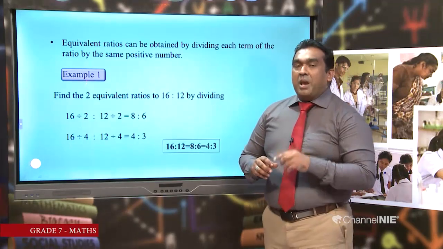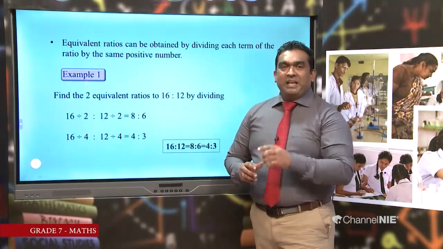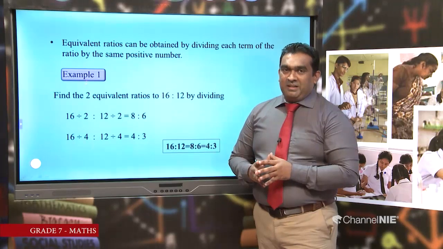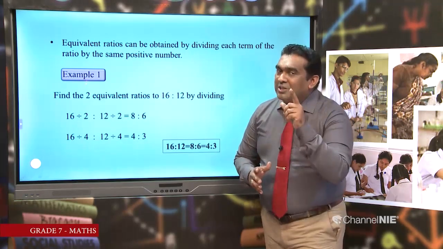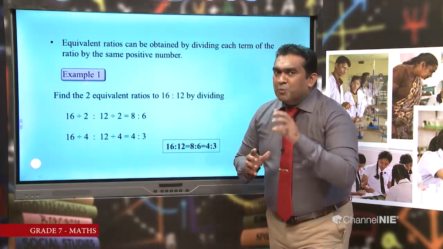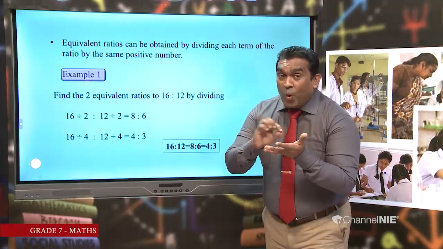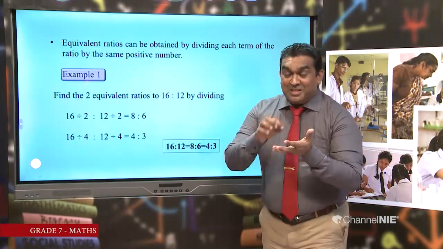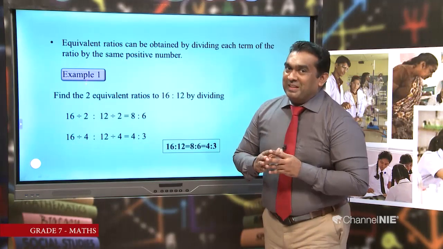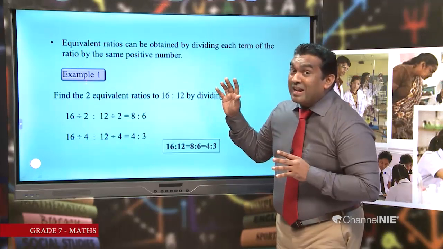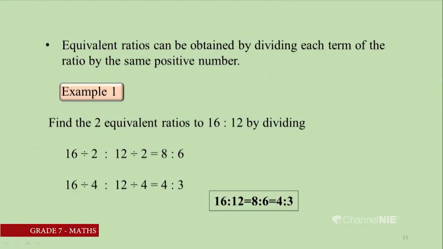Now there is an important point in the lesson. Don't forget to write down these special things in maths. If you don't have a book or paper, take it and start writing. Now you can start your writing. Equivalent ratios can be obtained by dividing each term of the ratio by the same positive number.